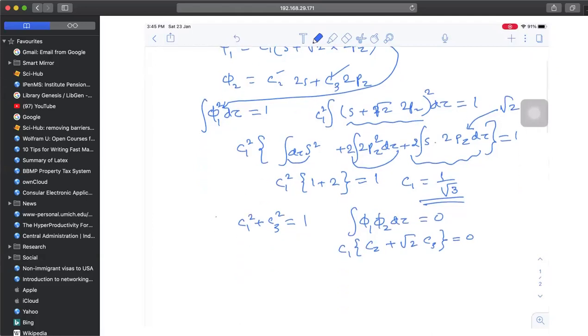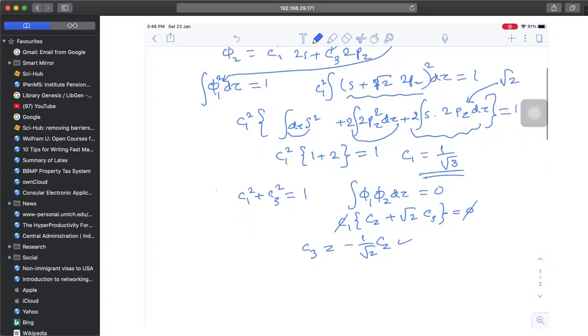And therefore C3 must be equal to minus C2 by root 2. Because C1 you can cancel, you know it is 1 by root 3. So if you work this out, this is what you get.